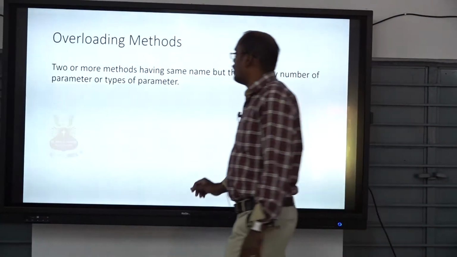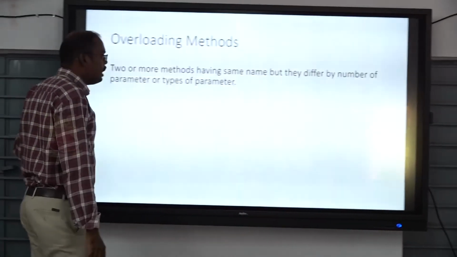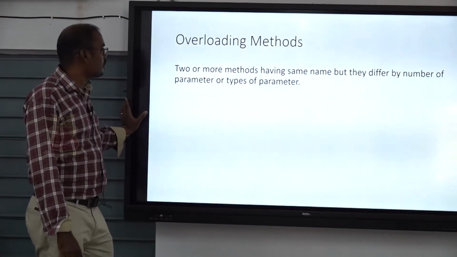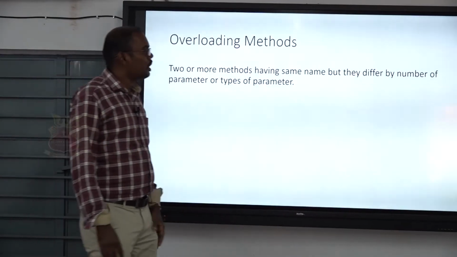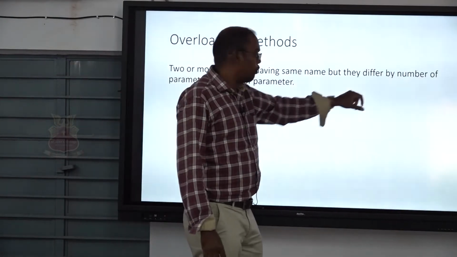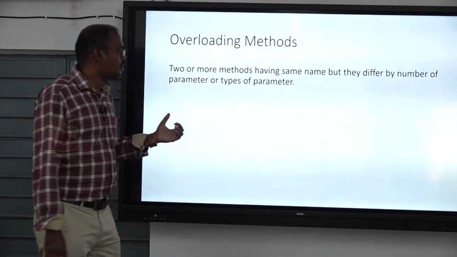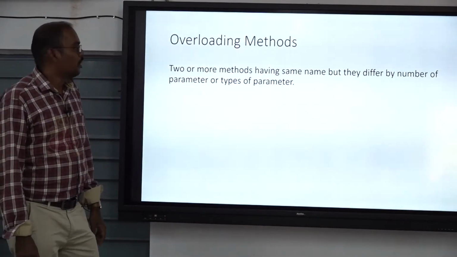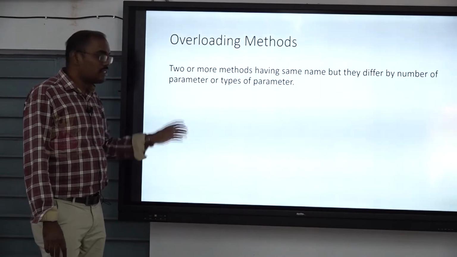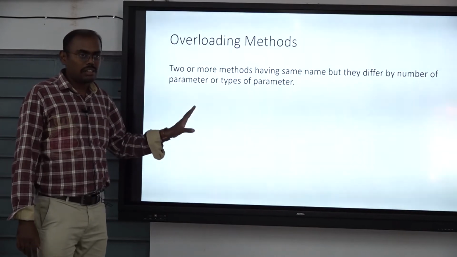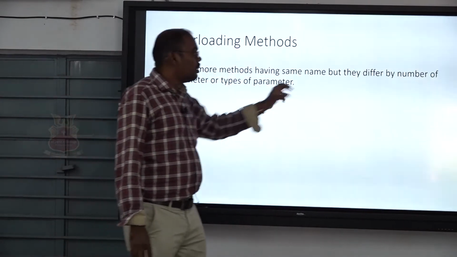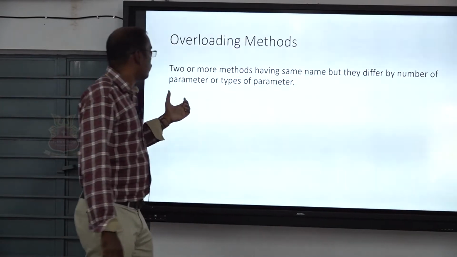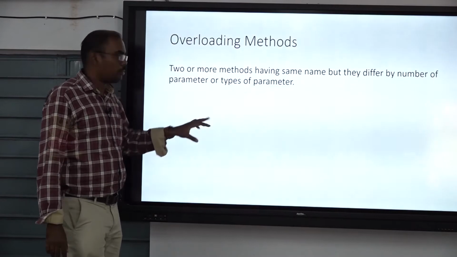Next, overloading methods. Method overloading means that in a single class, two or more methods have the same name, but they differ by number of parameters or types of parameters.